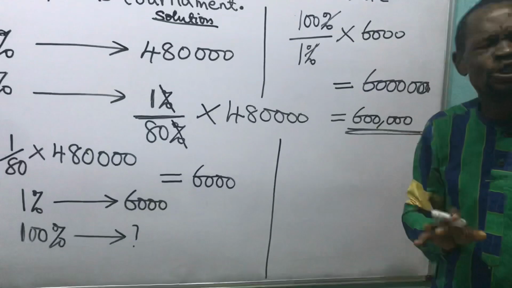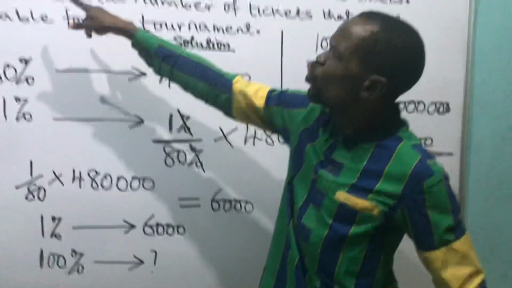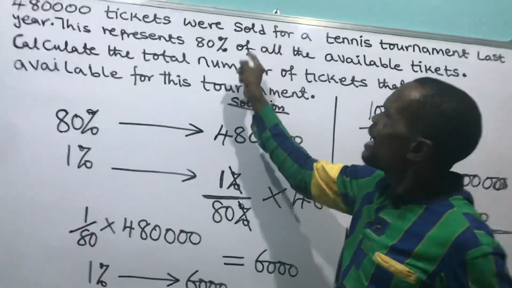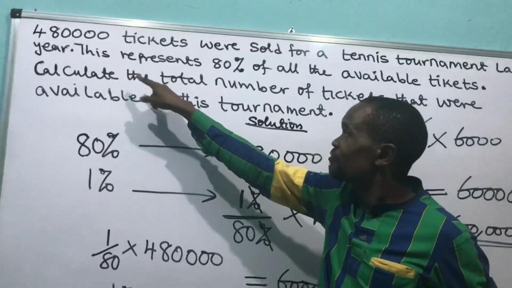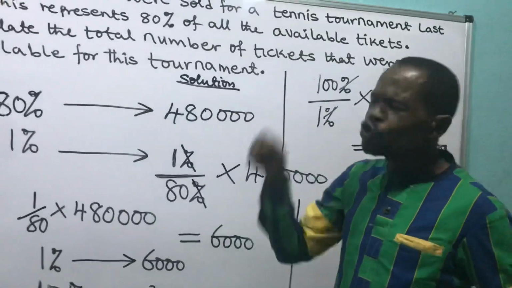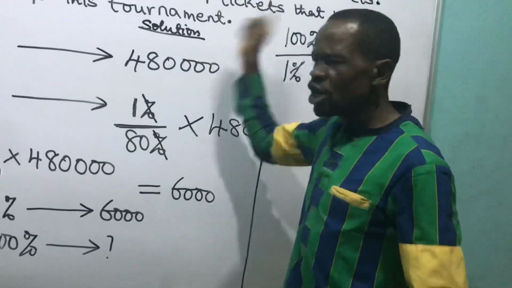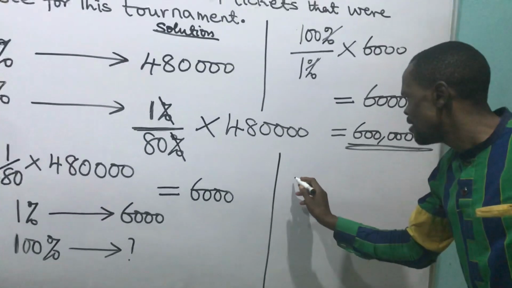But if we are asked to calculate the remaining tickets after we have sold the 480,000 tickets, where 80% represents these tickets we have sold, then what remains out of the total tickets manufactured for the tournament?